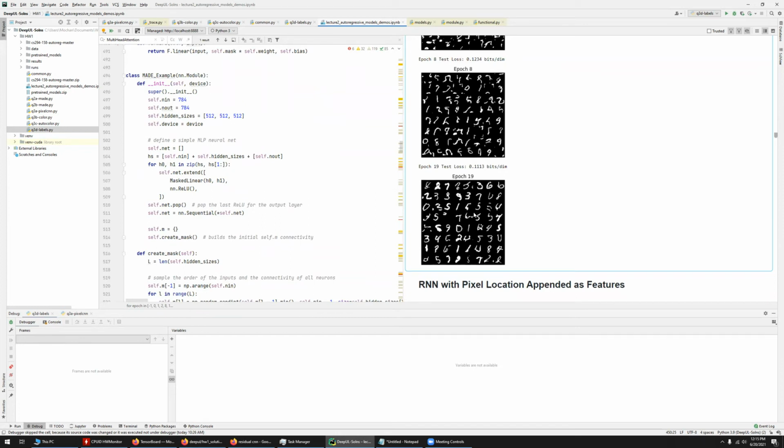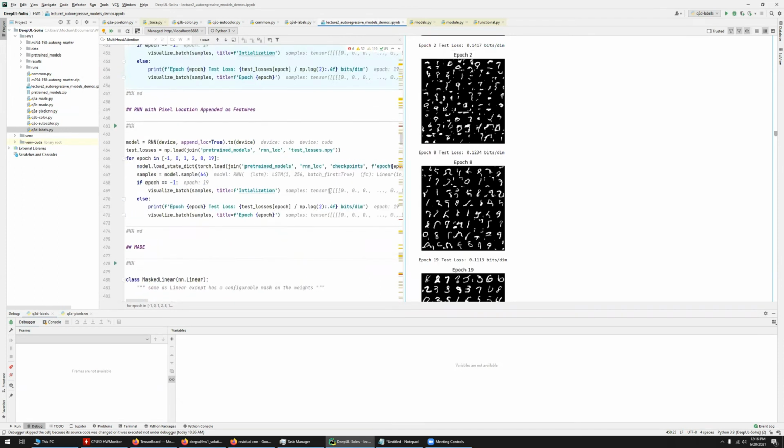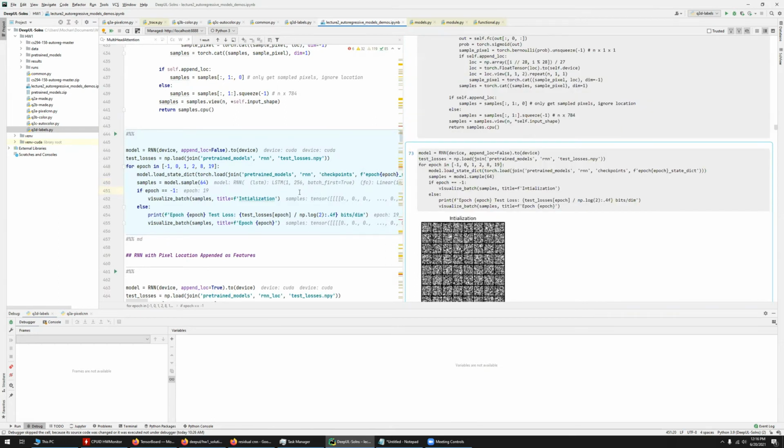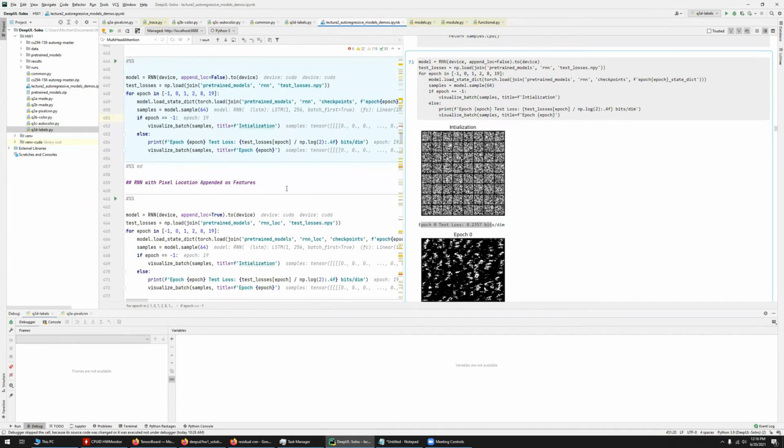One particular thing maybe we can spend a little bit of time looking at in this code, and there was a question asked some time back, is how they add the location. Maybe we can just look at that portion of the code where they would have added the location of the pixel into the RNN. Oh, okay.